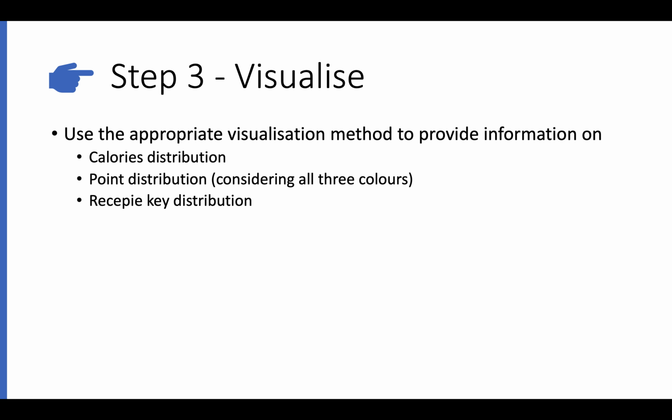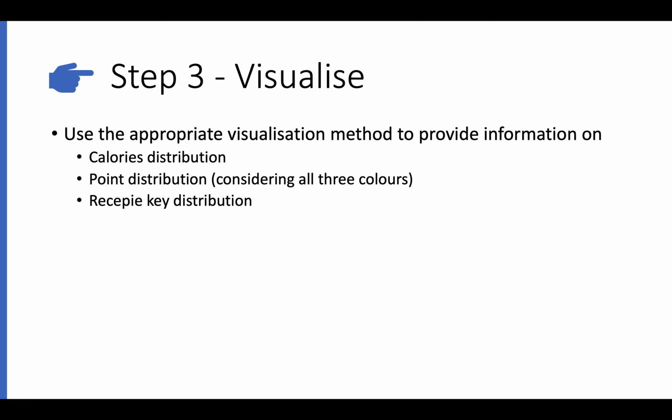And then visualize. We talked about visualizing data a lot today, so it is time to use your knowledge and use the appropriate visualization method. As I already mentioned several times in the previous videos, it's up to you how you want to do it, as long as it gives me the understanding of what you want to say, what is the story you're telling with your visualization.